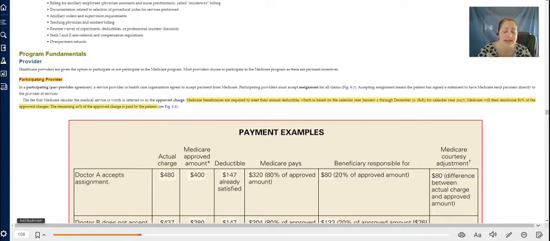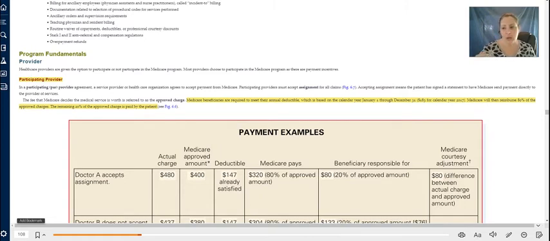The main reason is how many million Americans are on Medicare, and if you don't participate, those patients are likely not to come to your office. So it really hinders your patient base and can affect how much money you can make as a doctor. And so most doctors choose to participate to increase their ability to treat those patients.